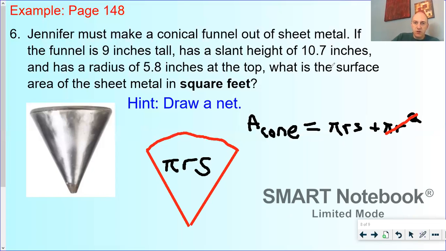And so this will give us pi times radius of 5.8 inches times my slant height, which is 10.7 inches.